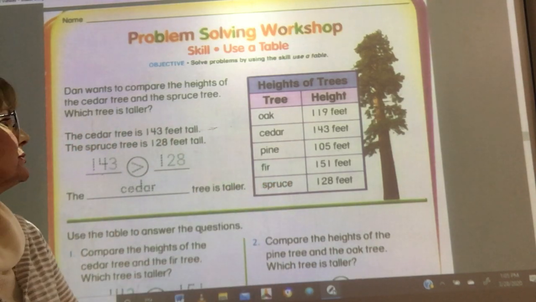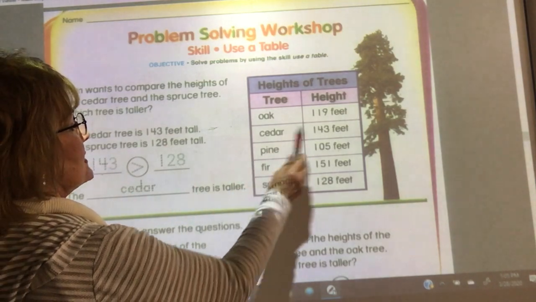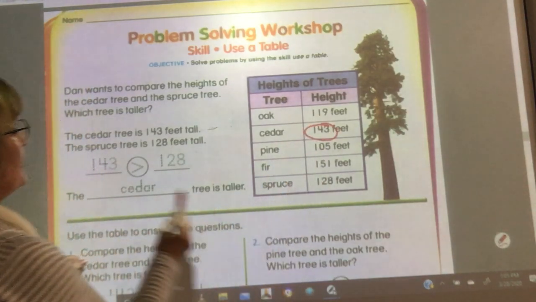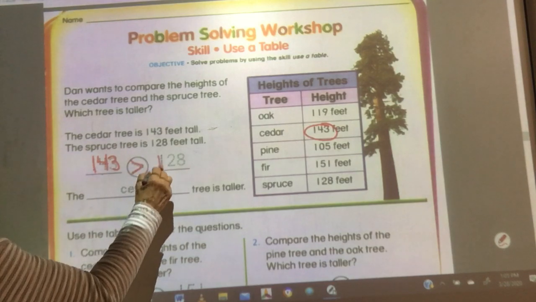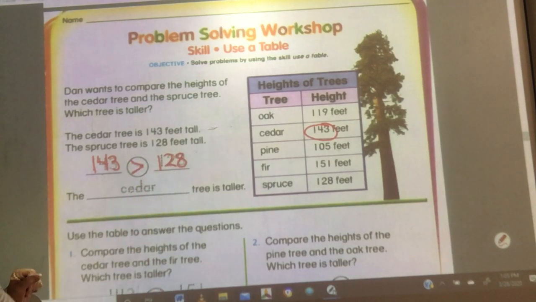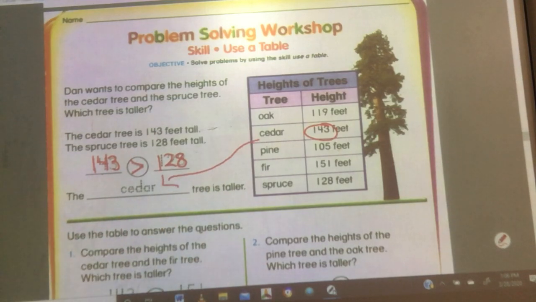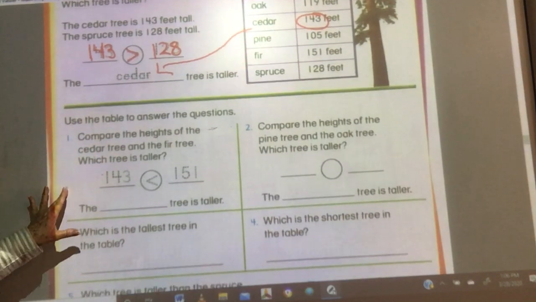Well, you look at the two numbers, just pick the taller one, the spruce or the cedar. 143 is taller or greater than 128, so the answer would be the cedar tree.